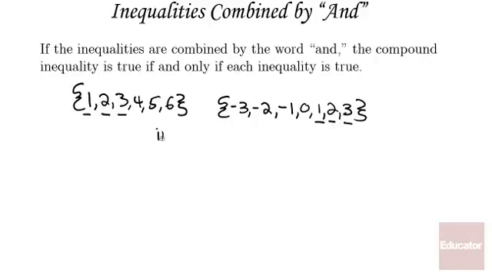Therefore, the intersection between the two, or area of overlap, would be 1, 2, and 3. When you are working with inequalities combined by the word and, this type of compound inequality, what you are looking for is this, the overlap. Because in an overlap, the solutions you end up with will allow each inequality to be true.